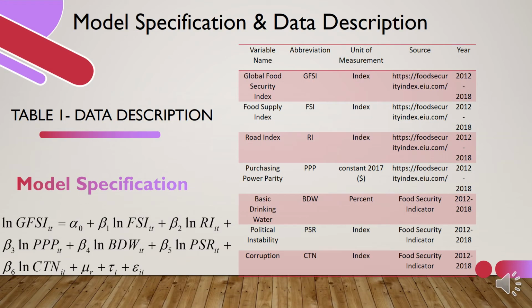Next is model specification and also data description. According to this table, we can see that the analysis was conducted by compiling a balanced panel dataset from 27 landlocked developing countries for the period of 2012 until 2018.